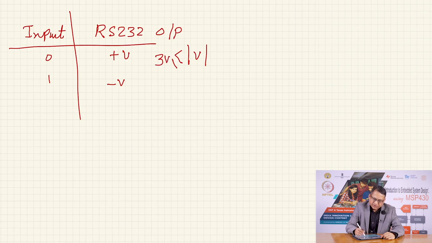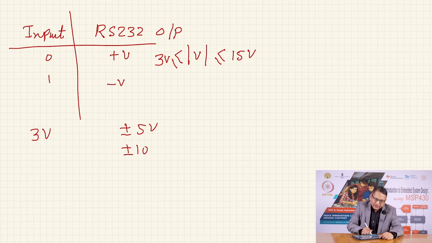greater than 3 volts and less than 15 volts, which means this line driver and similarly this line receiver has to have a separate power supply. For example, let me give an example. Your microcontroller can be working at 3 volts, and the RS232 line transmitter and line driver and receiver can work at plus minus 5 volt or plus minus 10 volt.